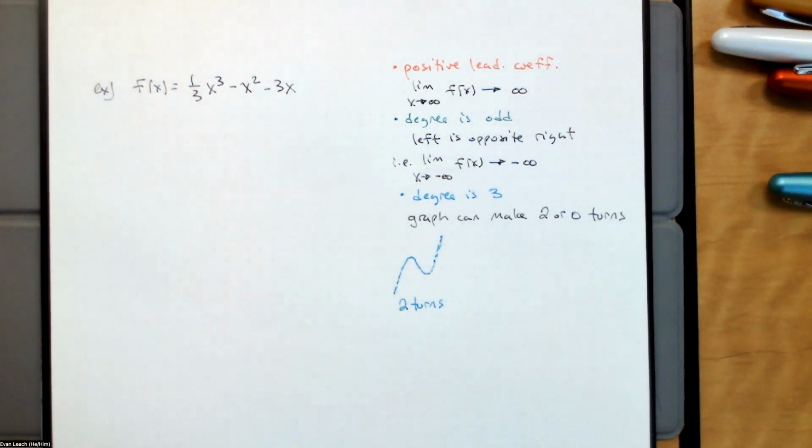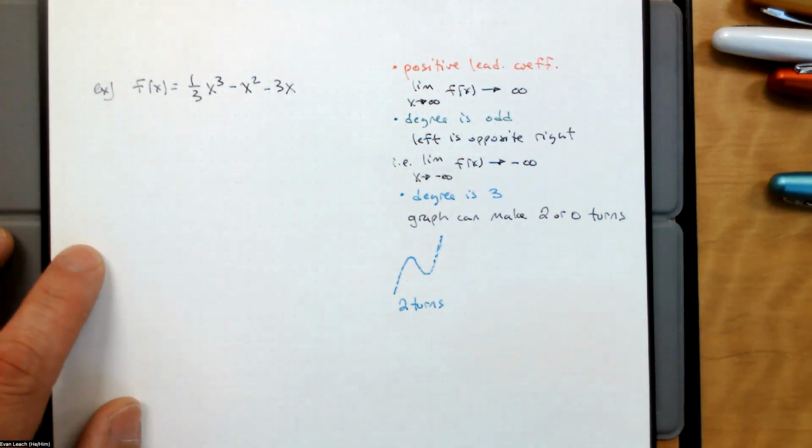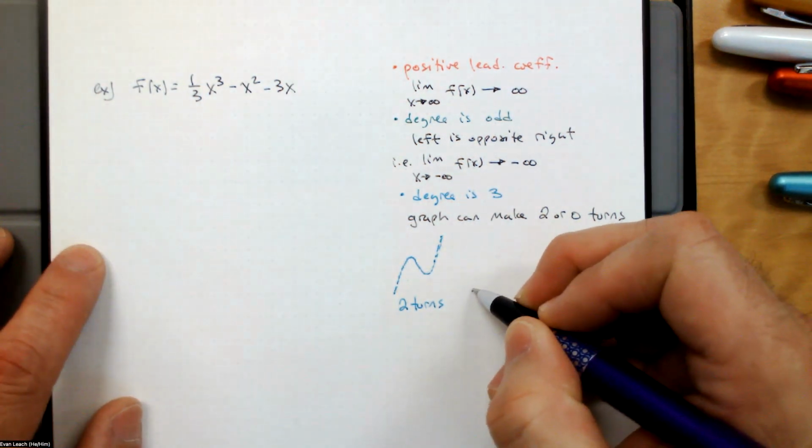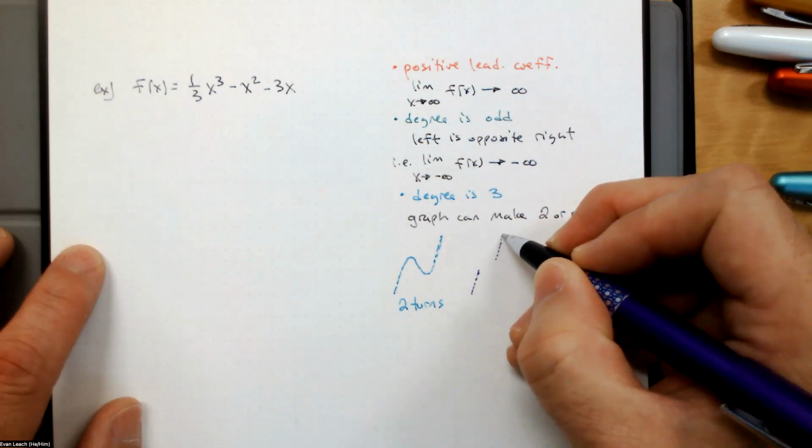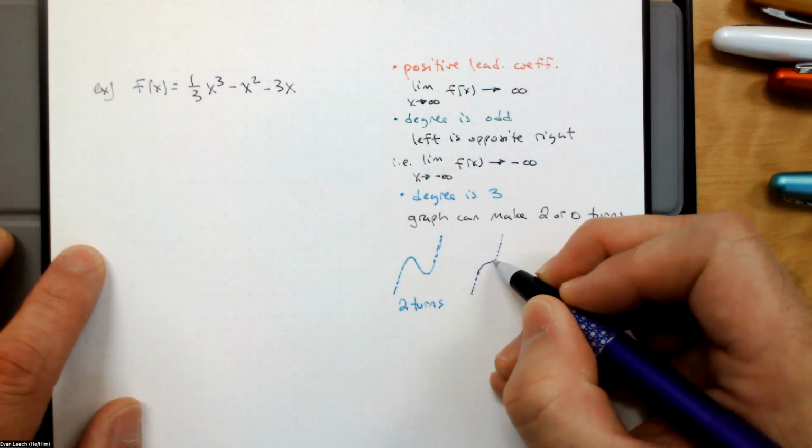Another thing that could happen is that we make 0 turns. So we know that if this end is doing this, and this end is doing this, another way that this could happen is we make 0 turns.